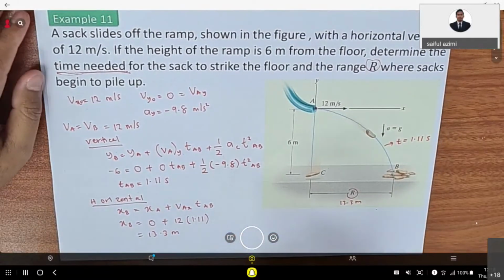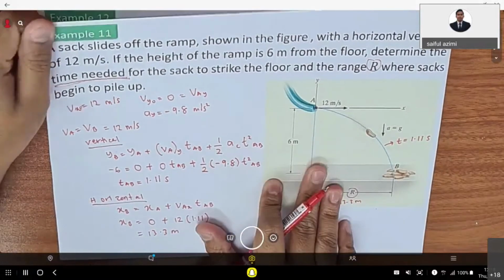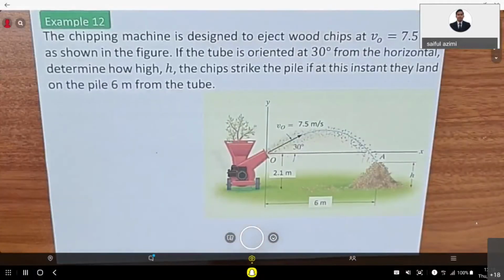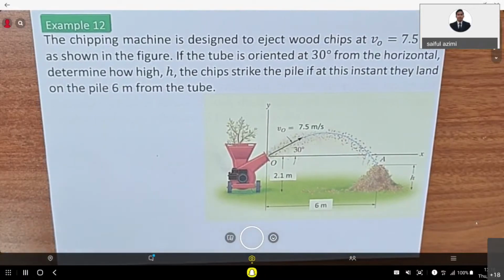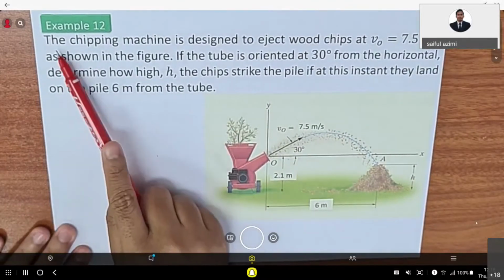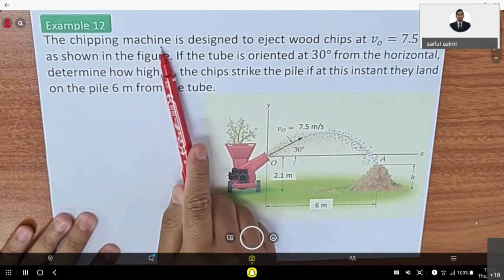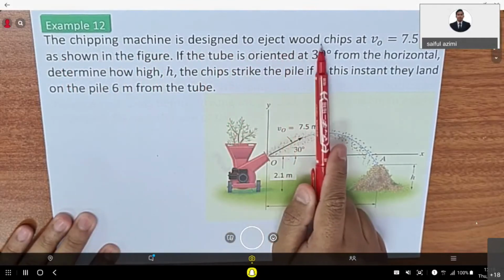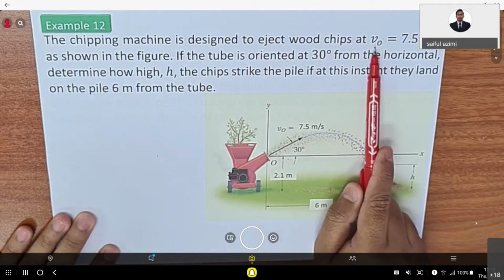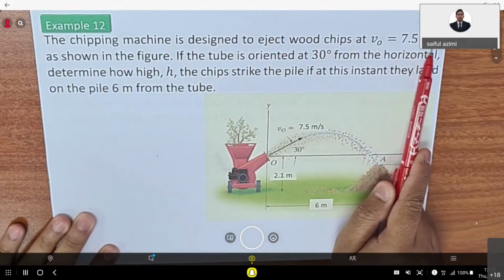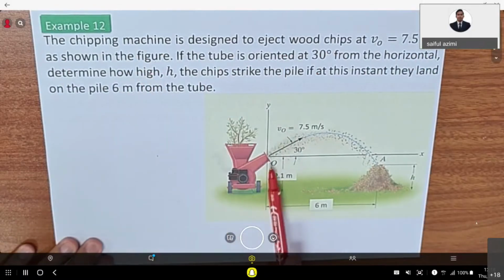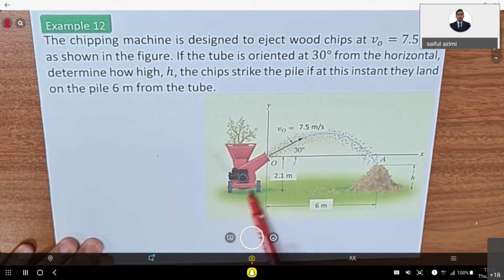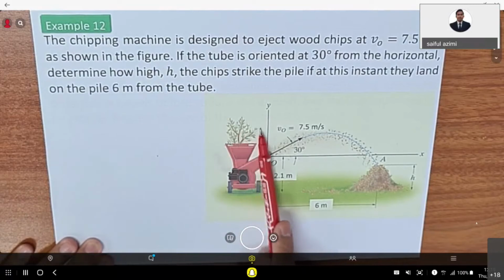Right. So next we go to example 12. It says that the chipping machine is designed to eject wood chips at the initial velocity of 7.5 meters per second as shown in the figure. This is a chipping machine which is used to grind all the trees here.